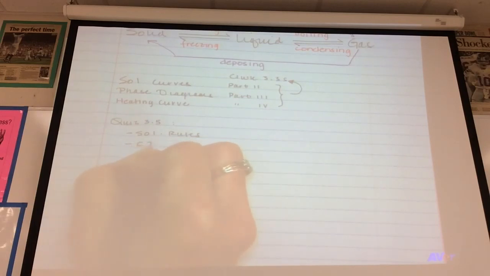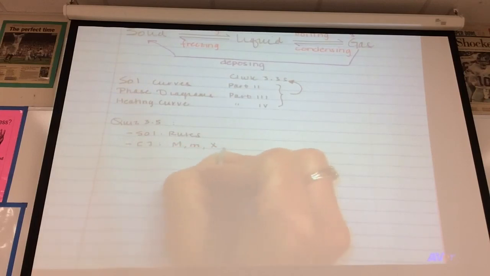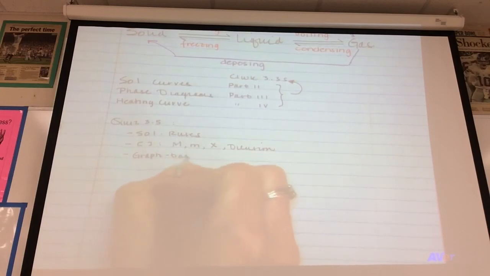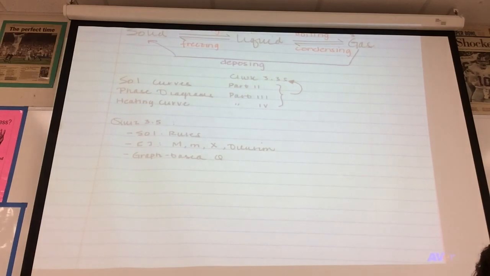You'll see concentration questions of molarity, molality, mole fraction, and dilution. You're going to be working with dilution in the lab as well. And then finally, you'll have one graph-based question from something we looked at today. That'll be your whole quiz.